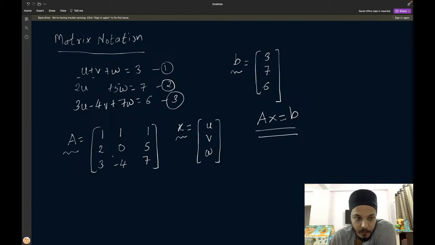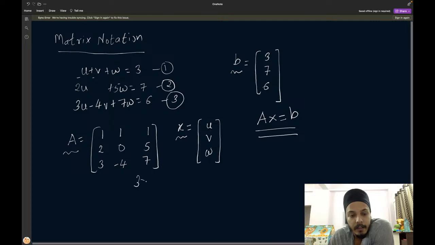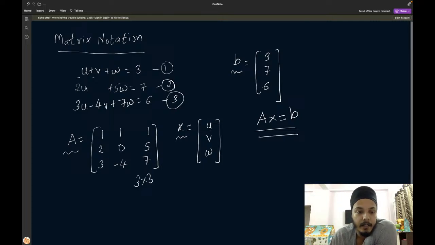So here A is a square matrix. So this is of size 3 cross 3. That is, there are 3 rows and 3 columns.